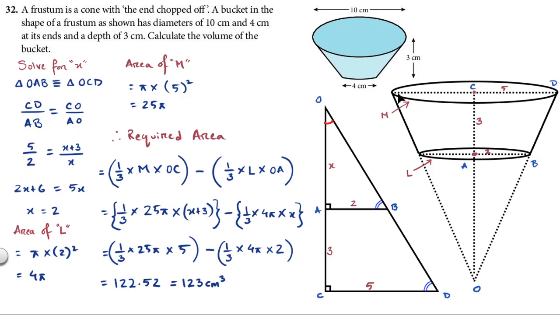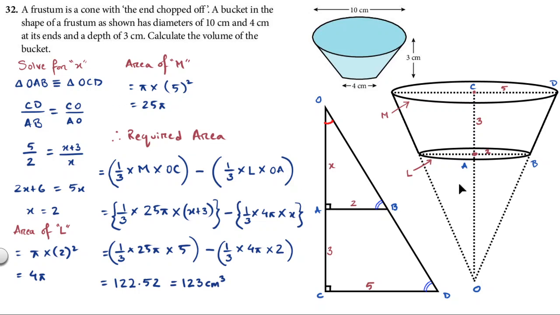So my intention is to find the volume of the whole cone and also the volume of this cone, and if I deduct it from the whole cone, then I will get the volume for the frustum. Okay, so I will be finding the volume for this whole cone and I will deduct this volume of the cone, the small cone.